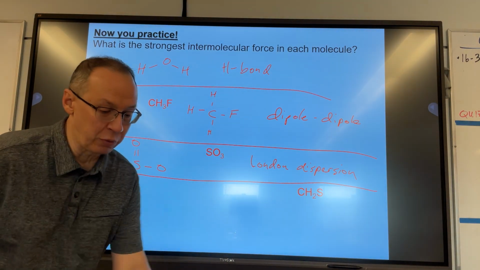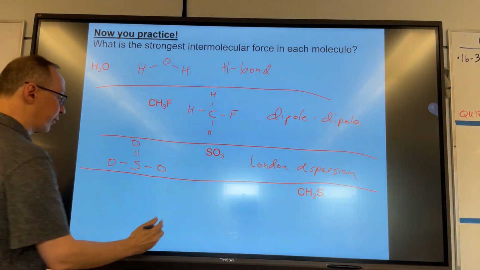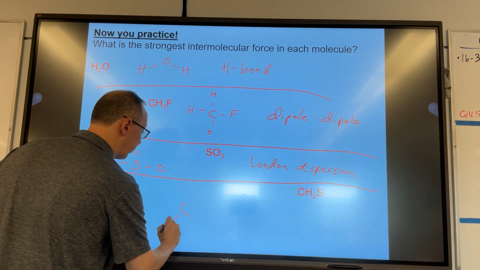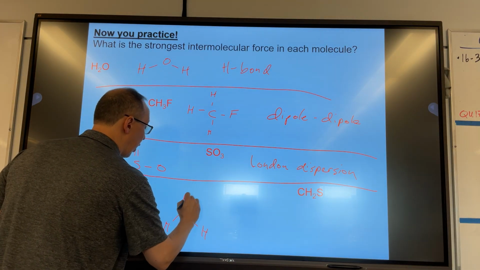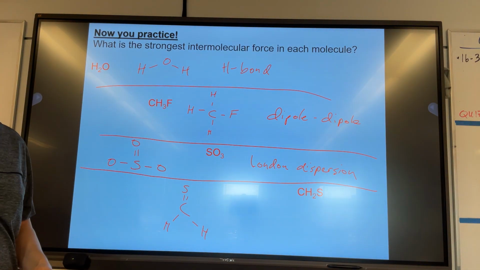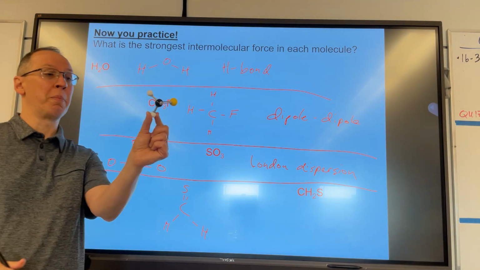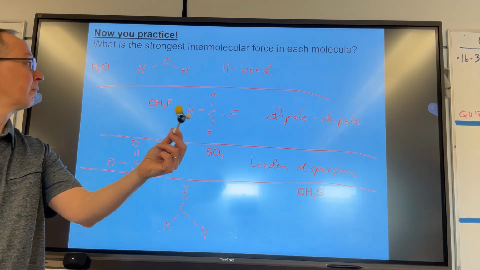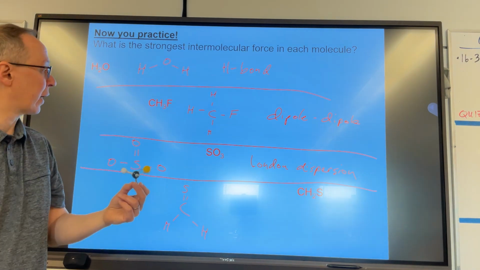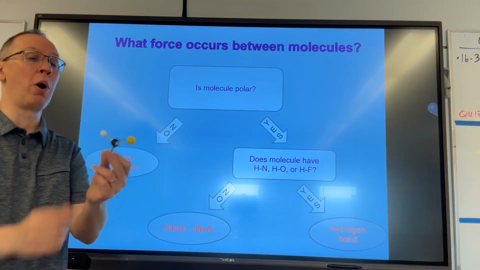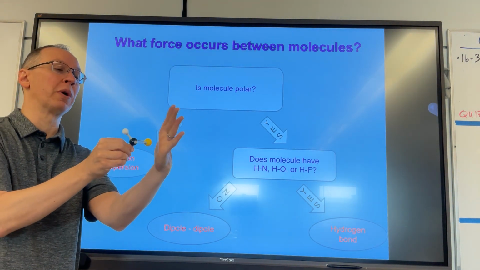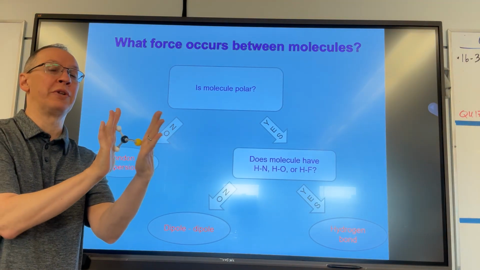Okay, the last one is CH2S. When you build this one and put in all the dots, you end up with a double bond to the sulfur. So the molecule looks like this. Let's go back again to our flow chart. Is the molecule polar? Yes, this molecule is polar. This side of the molecule is different than the other side.